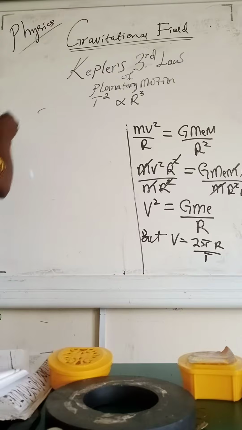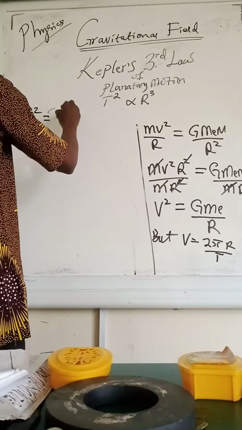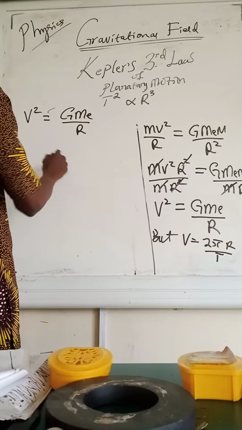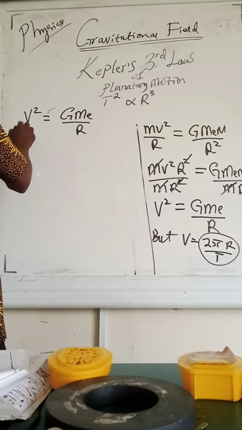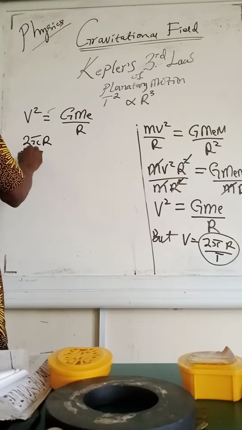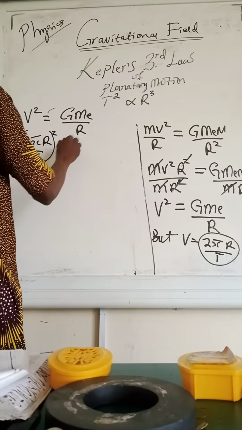From v squared is equal to G M E all over r, we are substituting this in place of v. So we have 2 pi r over T. You square this, is equal to what?